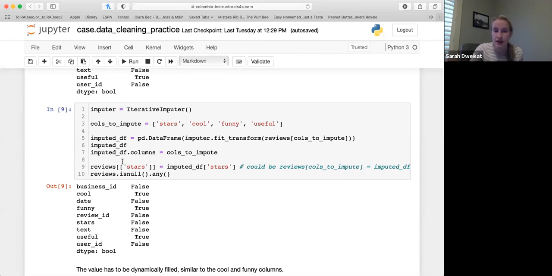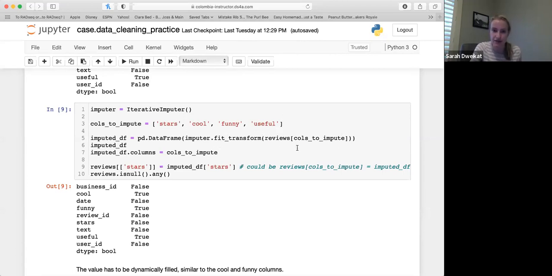When we put these columns in using this iterative imputer function, we're saying we think that stars and cool and funny and useful are all related, that they influence each other, so that we can fill in the missing data for stars based off of everything else that we've seen. The same with cool, we can fill in missing data for cool based off of the data that we do have for these columns.